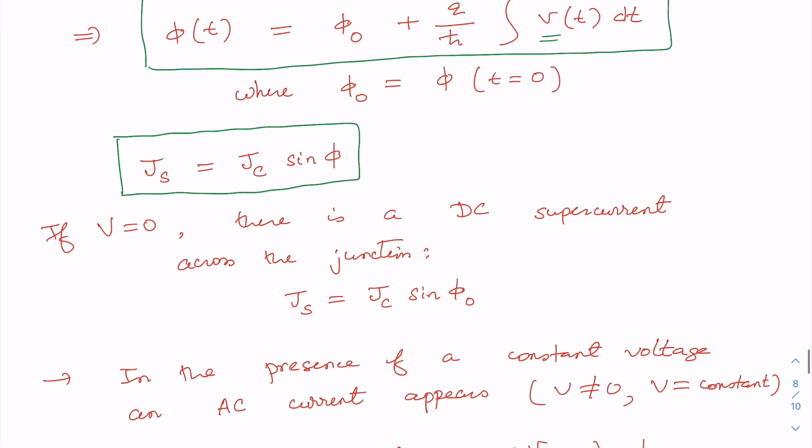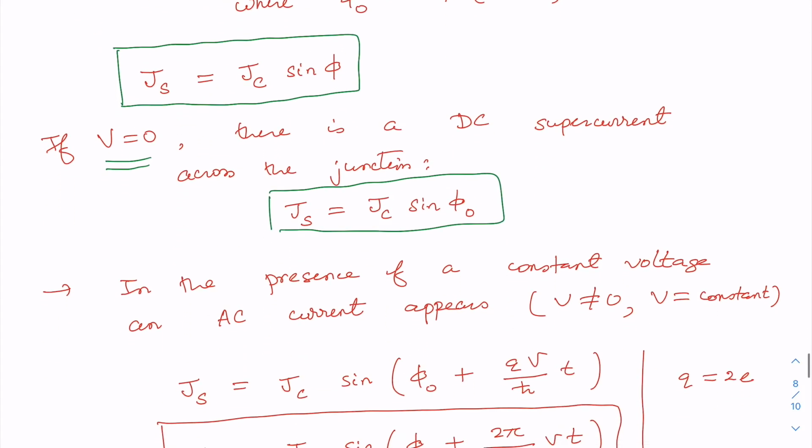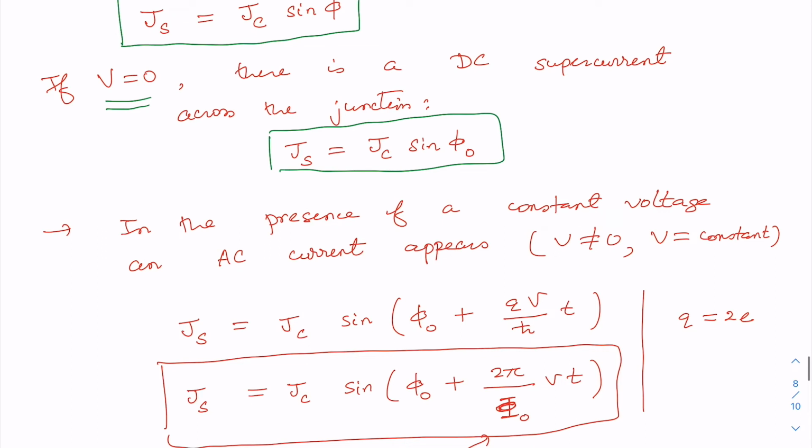So if there is no external potential difference between the two superconductors, then there is a DC supercurrent across the junction. In the presence of a constant voltage, an AC current appears, which is quite evident from this expression.